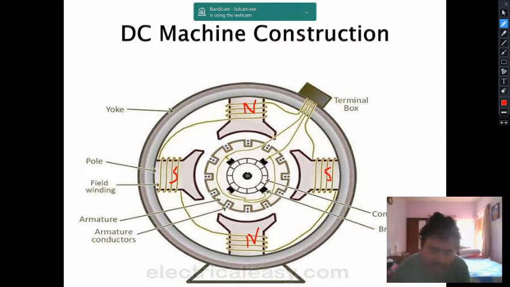Now, how will the magnetic lines of force be oriented? In this particular case, if you start from pole A, you will see that the lines of force are coming like this. It will enter the south pole like this, and the yoke will provide the return path.